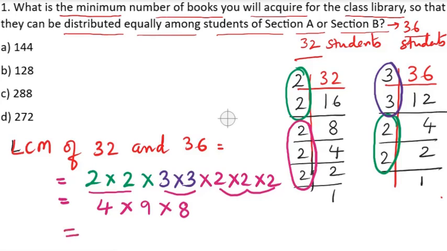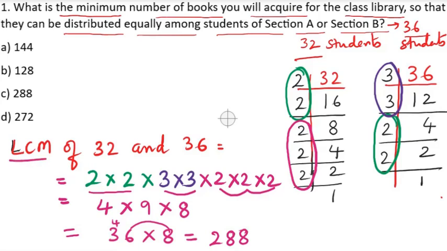If you multiply, 4 nines are 36, into 8: 8 6s are 48, 4 carry, 8 3s are 24 plus 4 is 28.